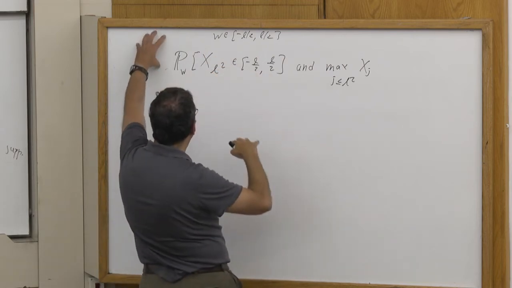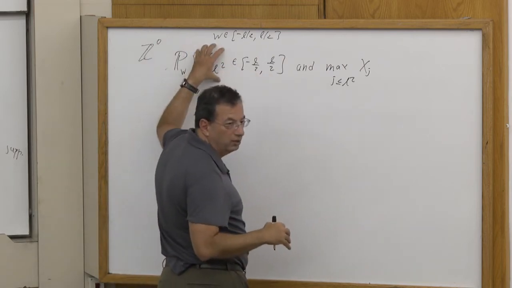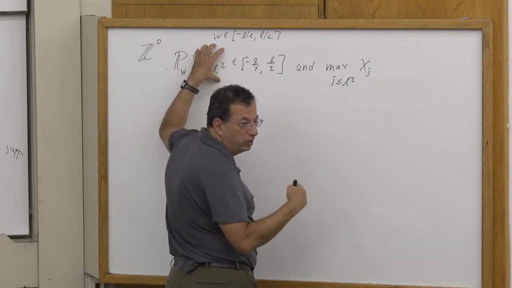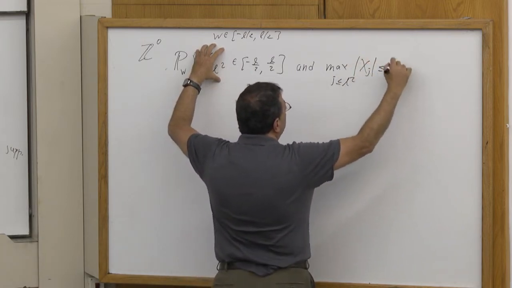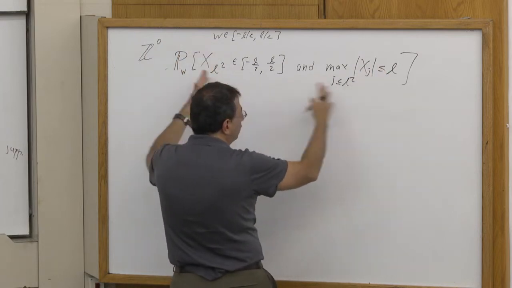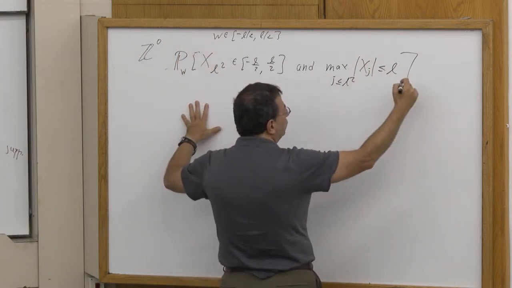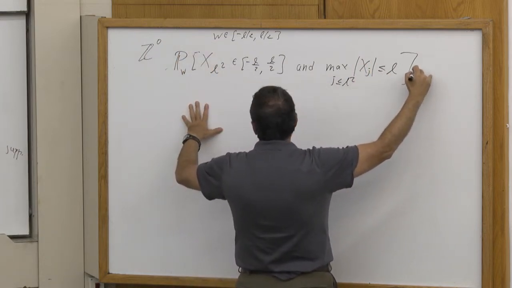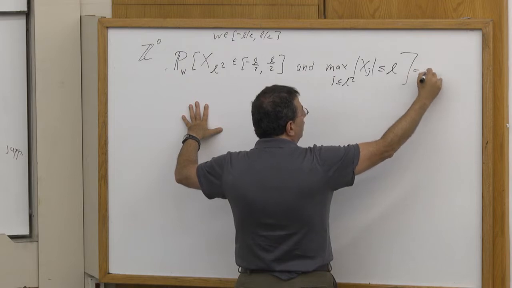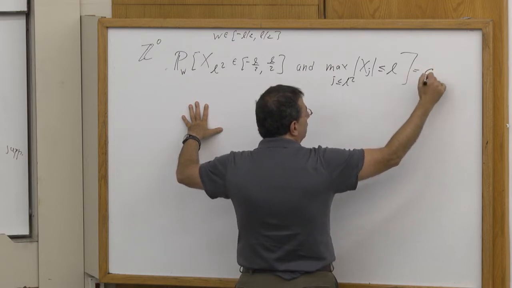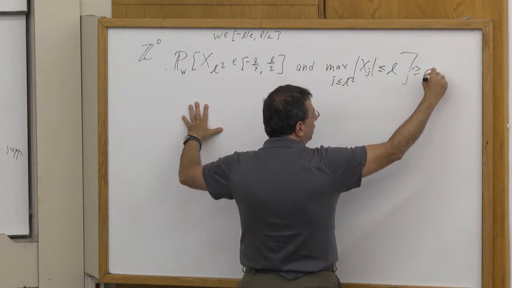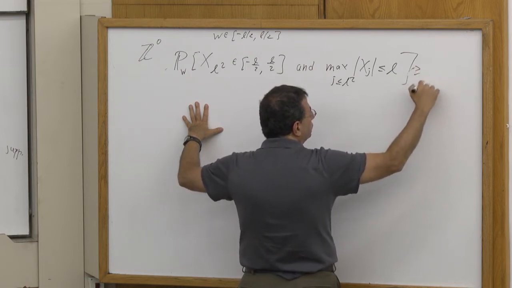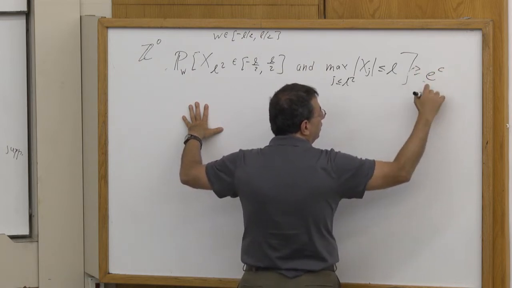So I'm interested in the lamplighter group, but now I'm just looking at the movement of the marker, which is just a random walk on Z. These probabilities are constants. That's just basic facts about random walk on Z. So this is greater than some positive constant, which I'll write as e to the minus c.